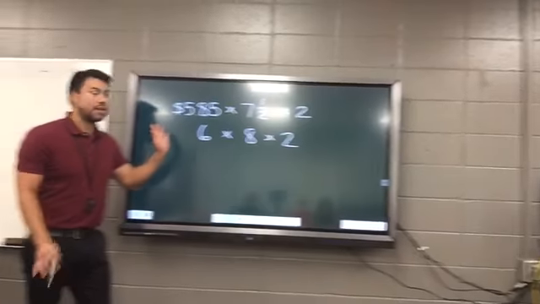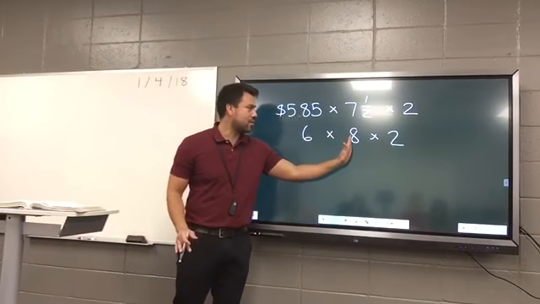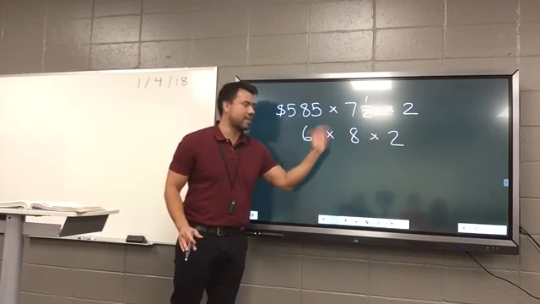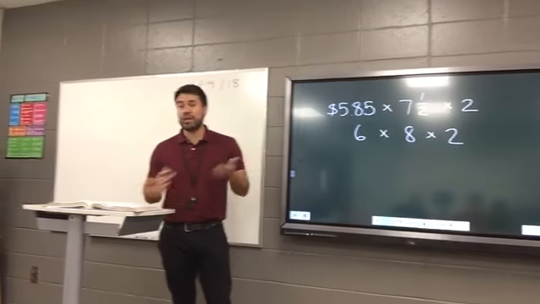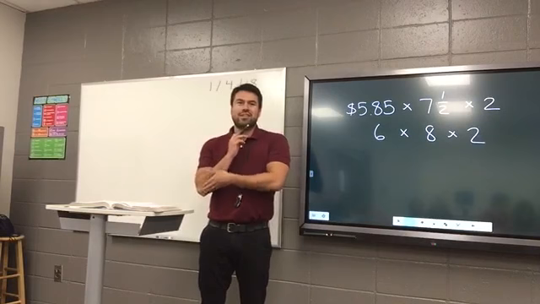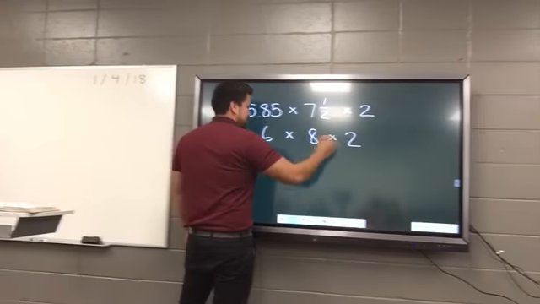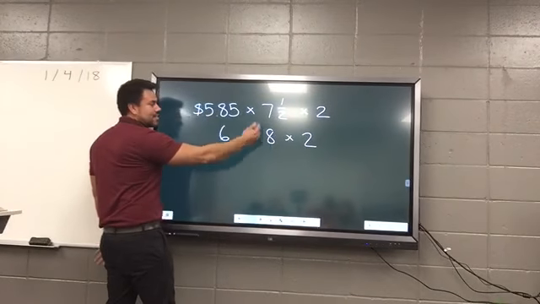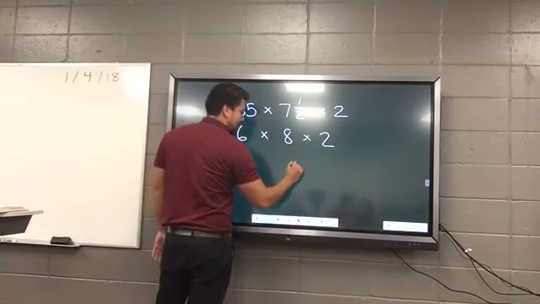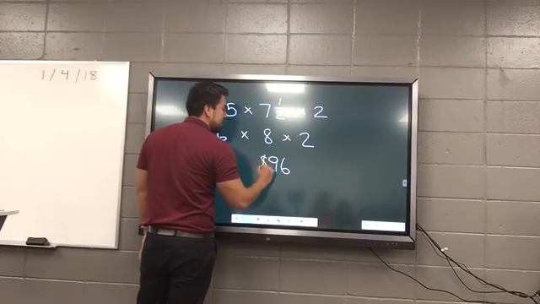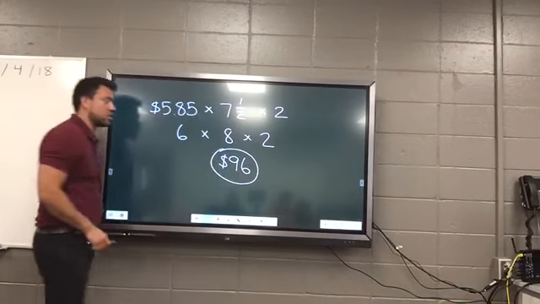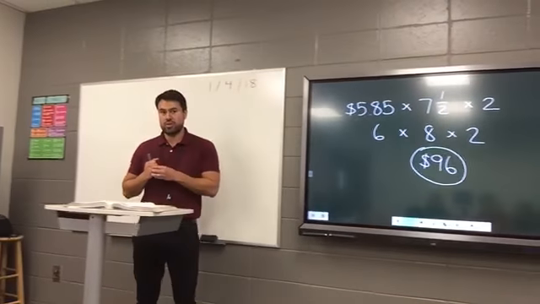You could do 6 times 8, or 8 times 2, or 2 times 6. 6 times 8 is 48, times 2 is 96. So every 2 weeks, she's going to get about $96.